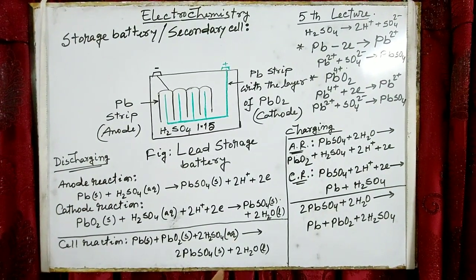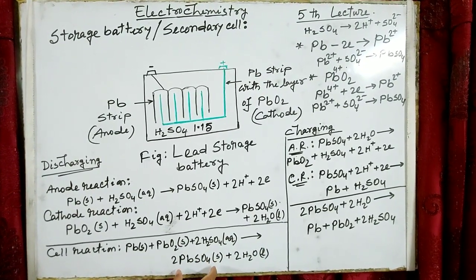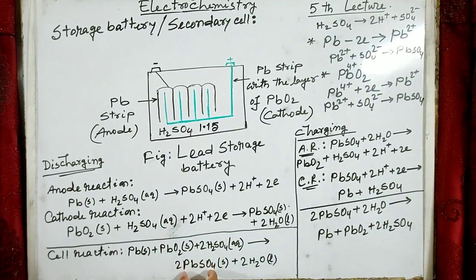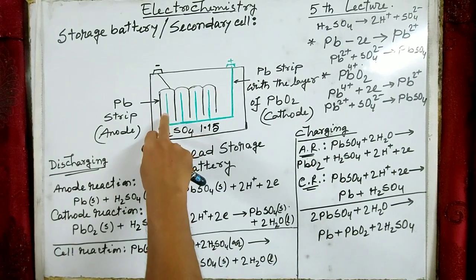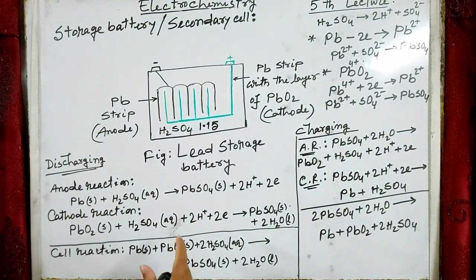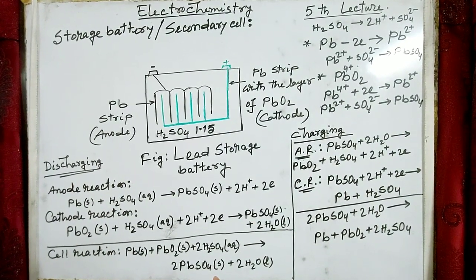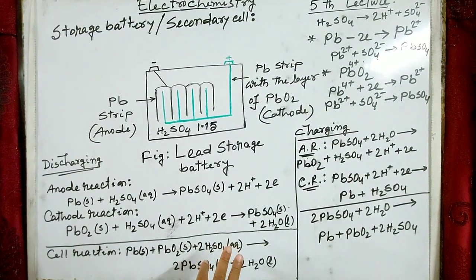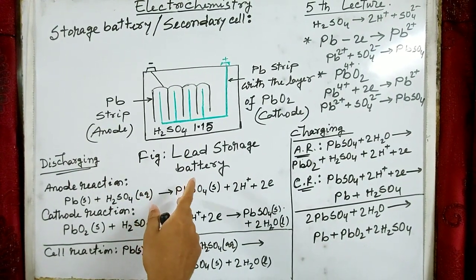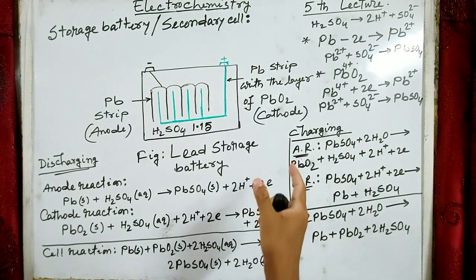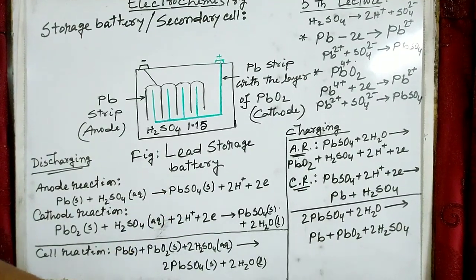But when the solid lead sulfate is deposited on the surface of both anode and cathode, the reaction will be stopped. In that case, we have to understand that the charge is actually finished. Then we have to charge the battery again, and during the charging those anode reactions and cathode reactions will change.